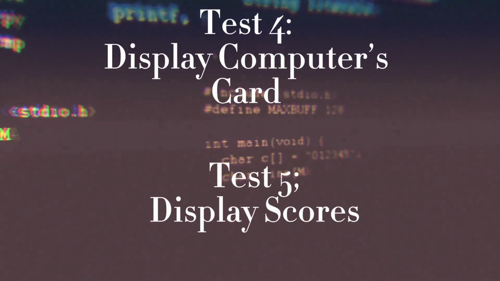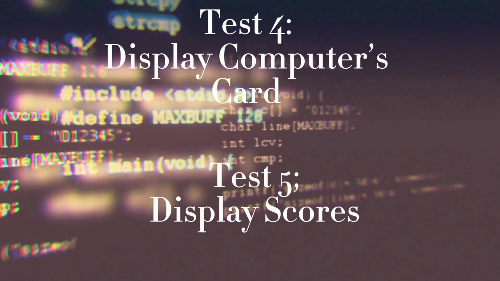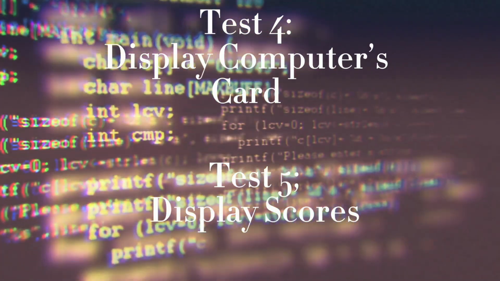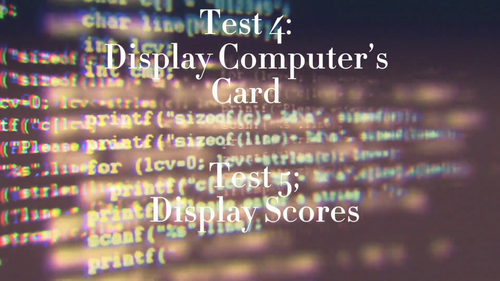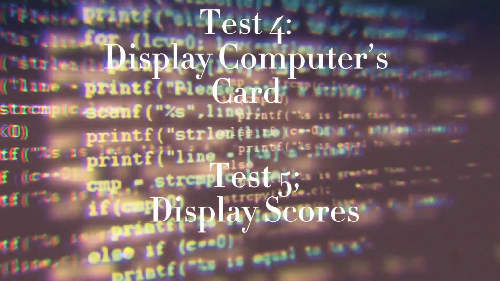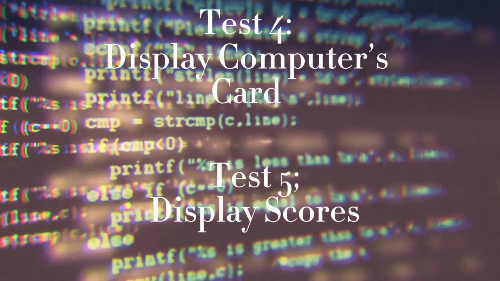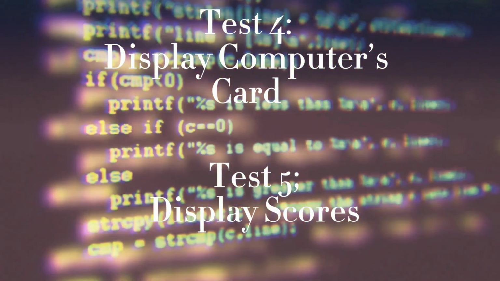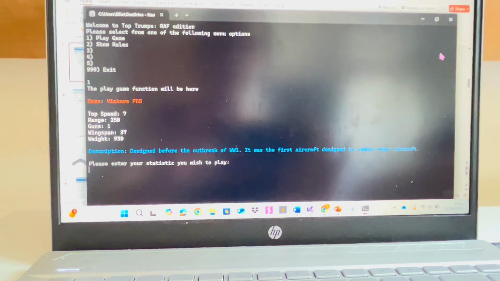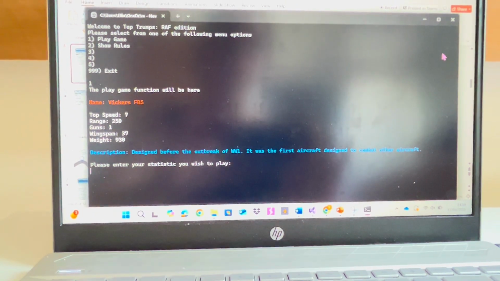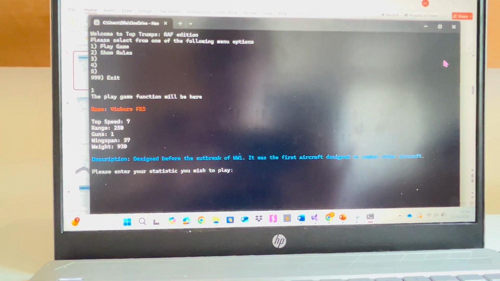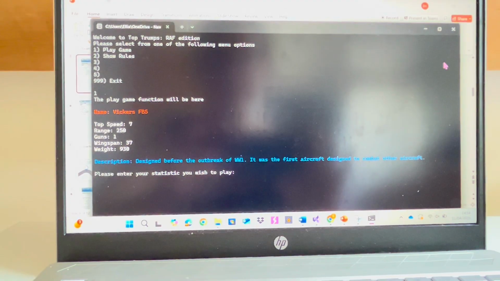So test 4 and 5 were completed at the same time because they were both very similar and could be completed at the same time. So test 4 is to display the computer's card, and test 5 is to output the scores of both the user and the computer at the end of each round. So again, it's very similar to the instance with test 3, where this test is kind of touched on in the second test.